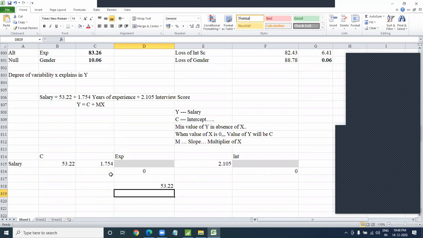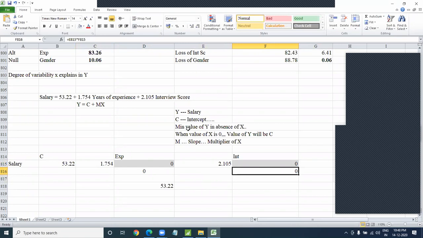Now, say somebody comes for a job interview for recruitment purposes and is just out of college, with zero experience. So 1.754 multiplied by 0 still gives you 0. And scores 0 out of 10 in the interview. Nothing changed here either, because it will give me 0.